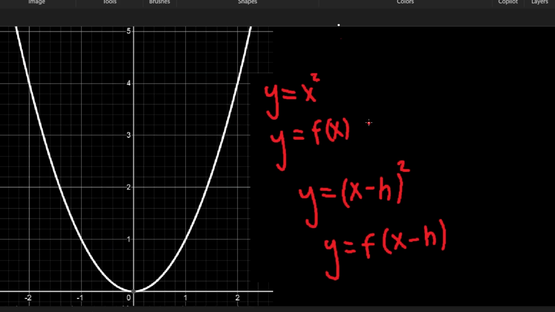Alright, so we know what happens when you add something outside the function. +1 shifts the graph up by 1, -1 shifts it down by 1. But what if we subtract, keyword subtract, inside the function? Not add inside the function, but subtract. So we're going to denote the constant we're subtracting as h. Let's say h is equal to 2.